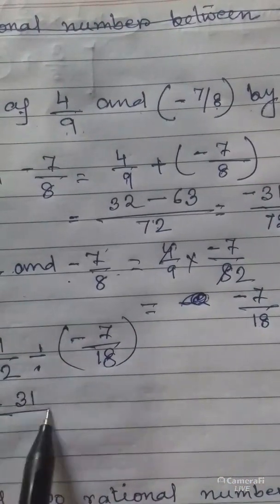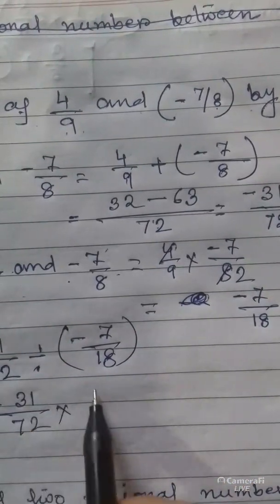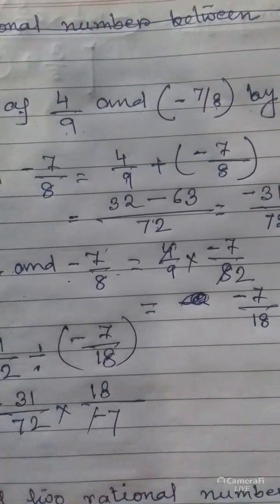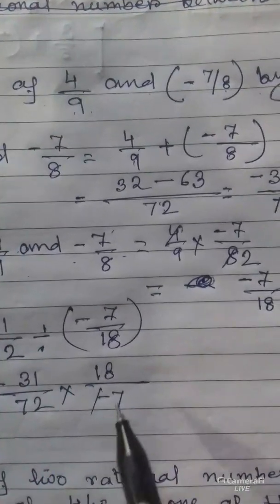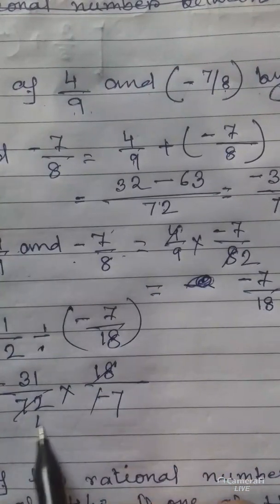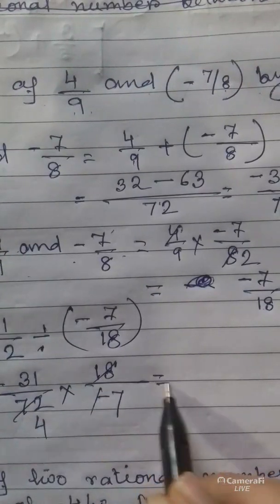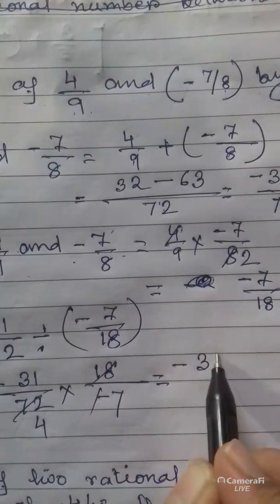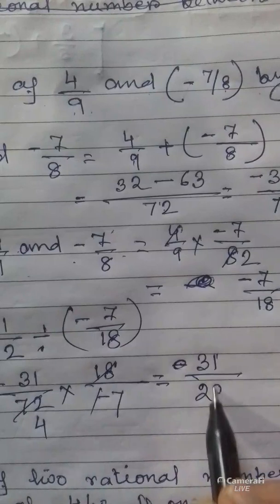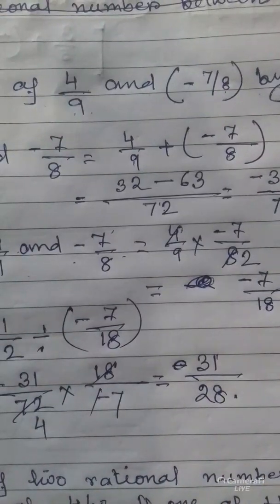Now minus 31 by 72 into 18 by minus 7, minus minus cancel, 18 4s are 72. 31 by 28 is the answer.